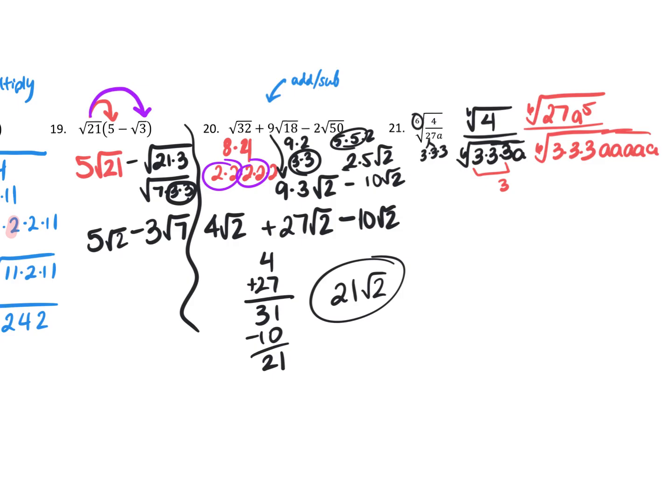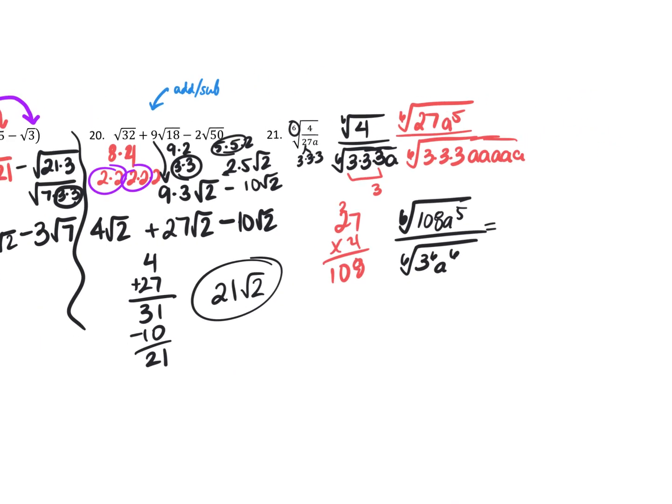So I get 27 times 4 is 108. 6th root of 108, a to the 5th. And in the bottom, you end up with the 6th root of 3 to the 6th, a to the 6th, which is just 3a. So the 6th root of 108, a to the 5th, over 3a.